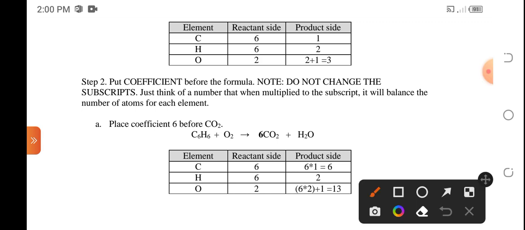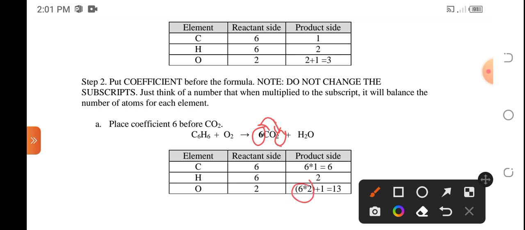But doing so, of course, that 6 is not only for carbon, it is also for oxygen. So since oxygen has 2 atoms in the carbon dioxide, that inserted 6 coefficient should be multiplied to 2 for the count of oxygen.